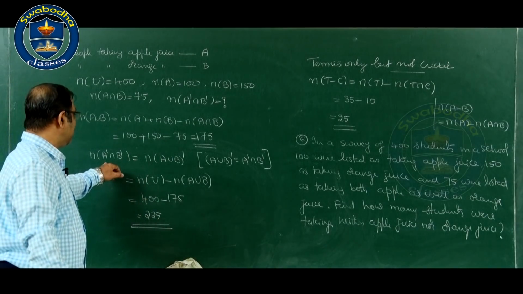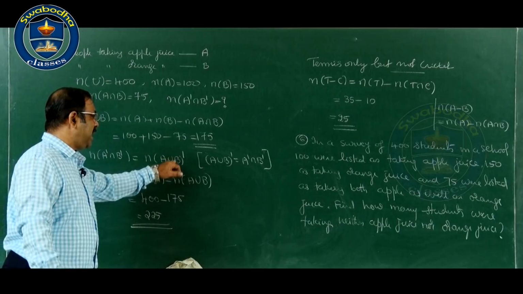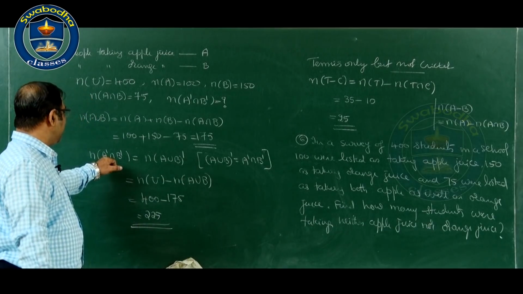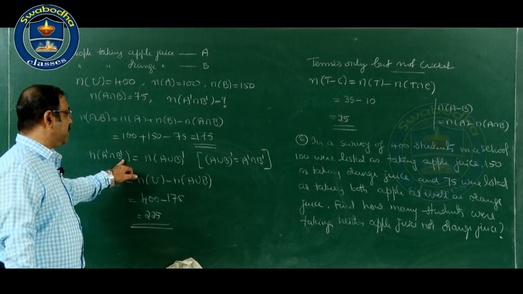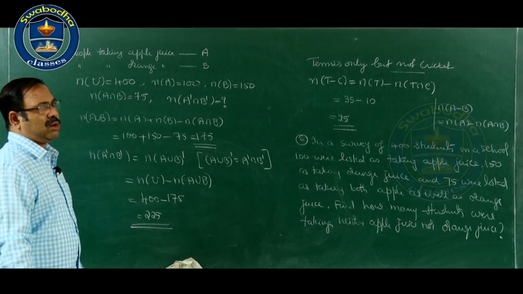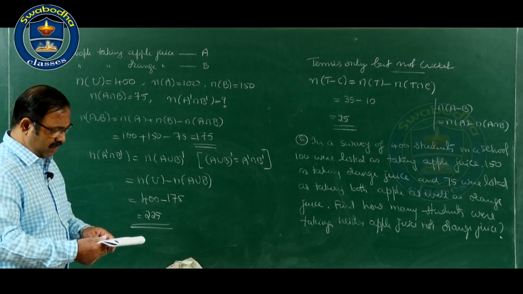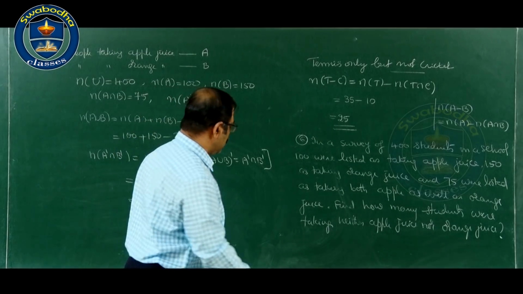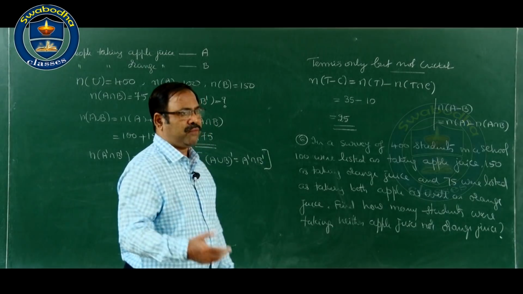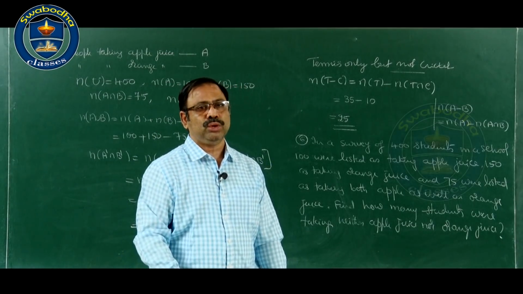First find N of A union B, next find N of A complement intersection B complement, which by definition is equal to N of A union B complement. Have you understood this idea? So, some more problems from the textbook you have to complete.